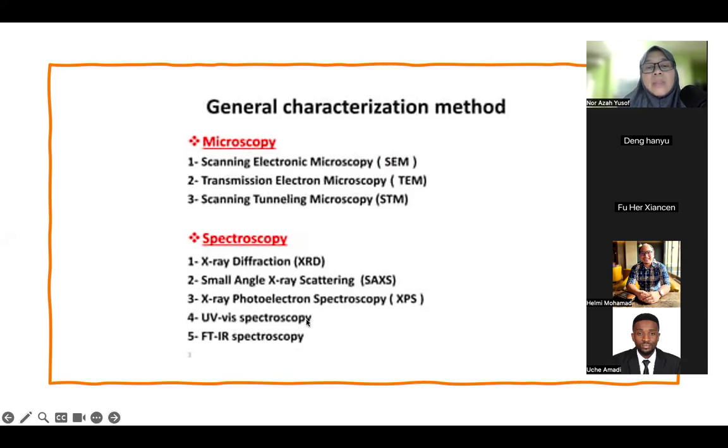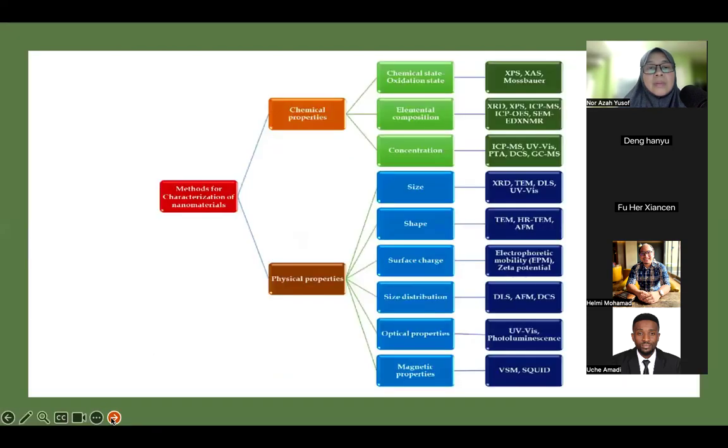So this will help us confirm there is attachment, there is immobilization of chemical or biochemical on top of the sensors. So these are some of the methods that you can use if you are working with nanomaterials.